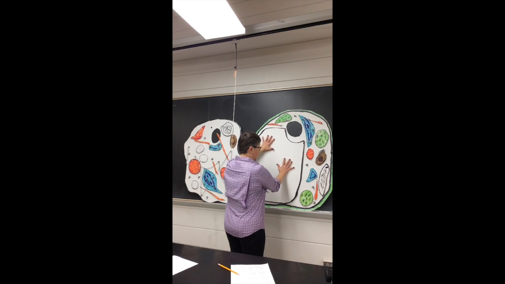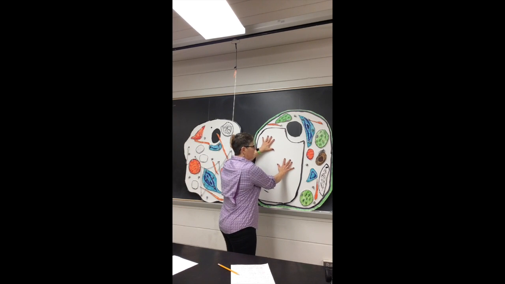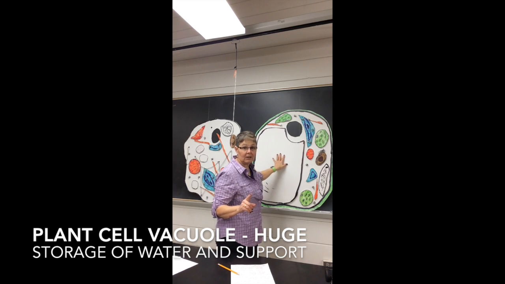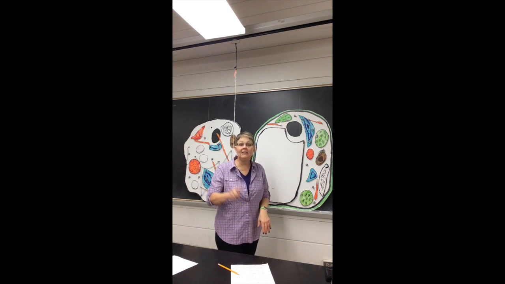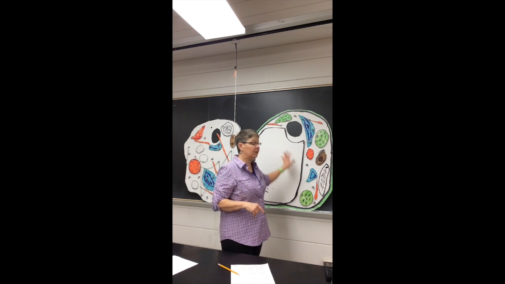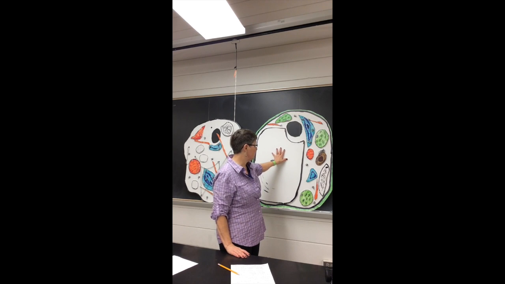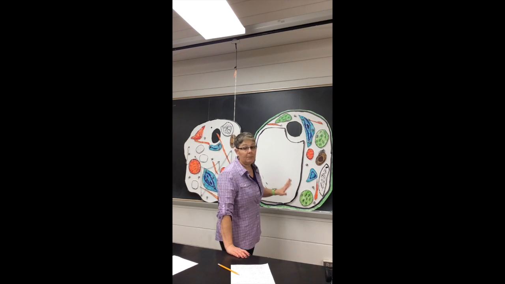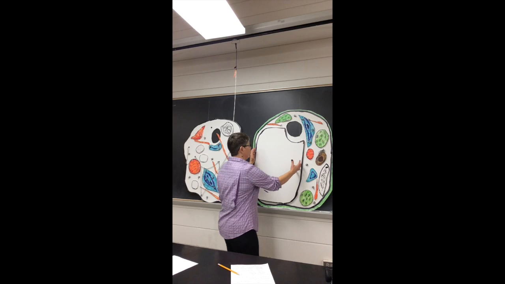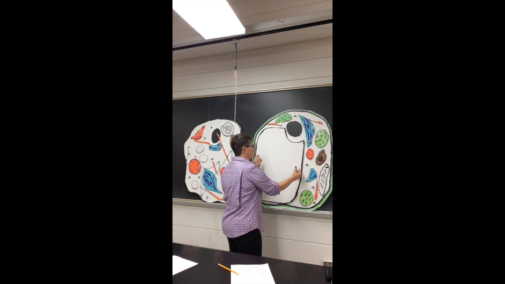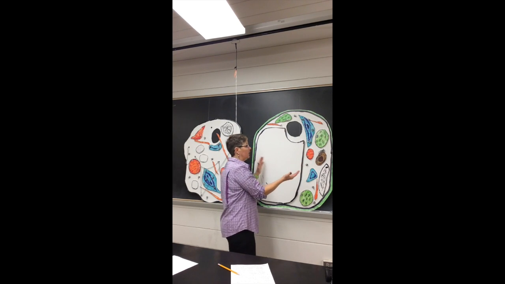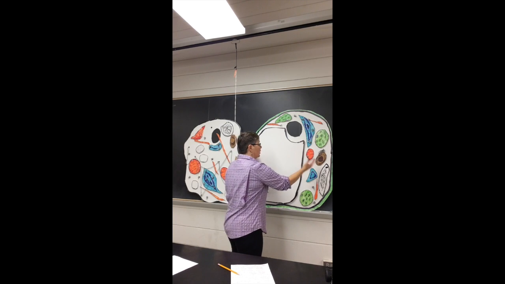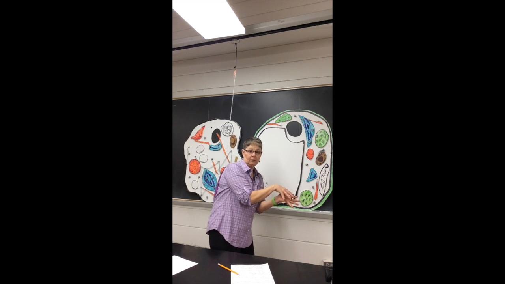I told you this is a big vacuole, and the vacuole in the plant cell is for storage of water and support. That's not true in the animal cell, but it also provides support. When a plant wilts, what happens is the water goes out of this and it squeezes up together, and the plant and the cell collapses and wilts.